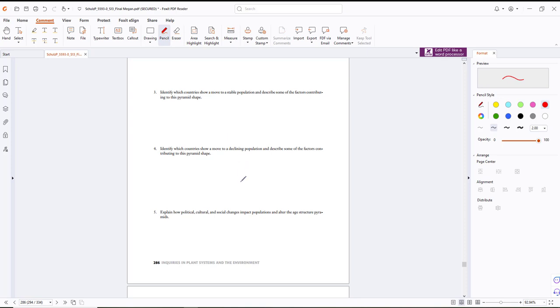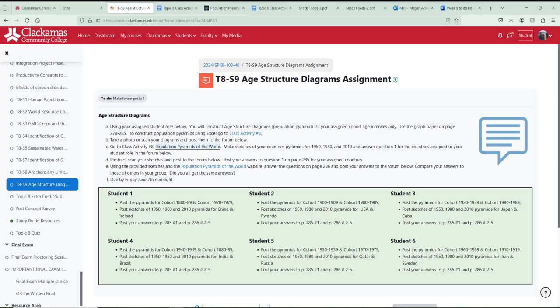And you can see if their populations are stabilizing, are they continuing to grow, and so forth, and answer those questions. Okay. So post your answers in the forum, compare your answers to those in your groups, and think about, did you all get the same answers?